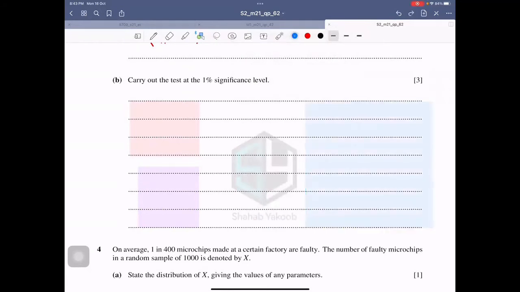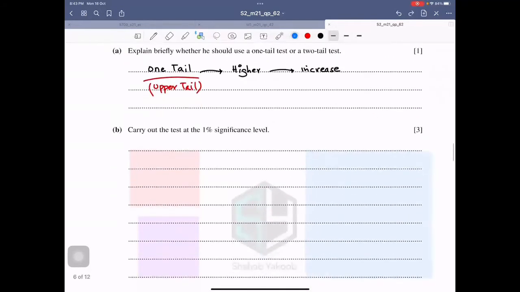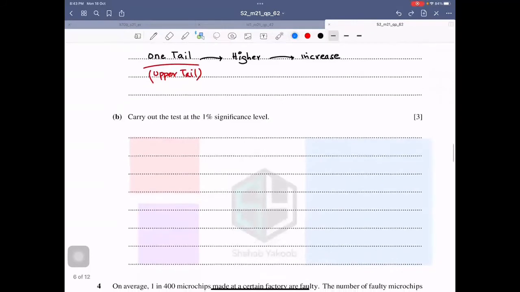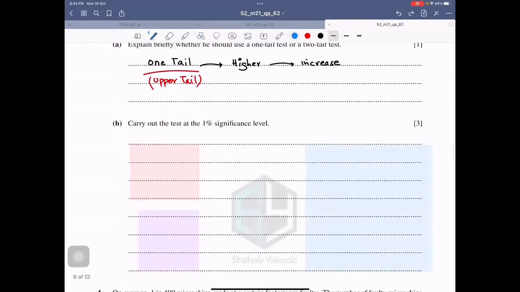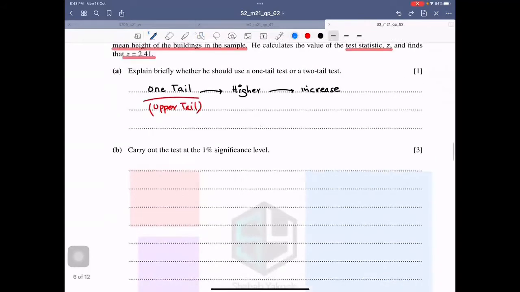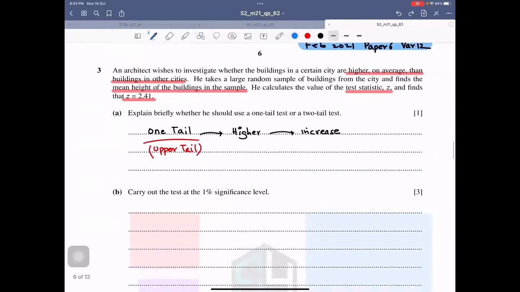The calculation is already done for you. There are no sample values, but the pertinent information needs to be given. Now, does it say that it follows a normal distribution? The answer is no. So to be on the safe side, I'll write it.